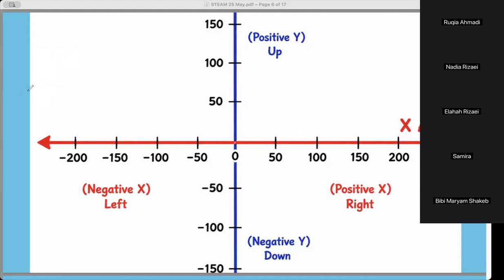This point they meet. So this is what we call the origin, where the value of x and y are both 0. Okay, understood?